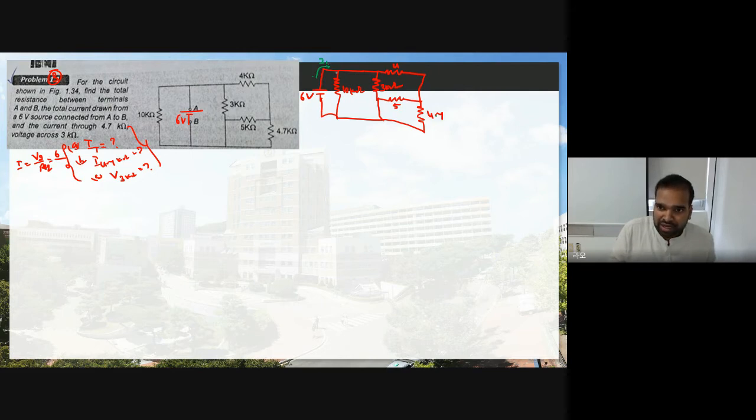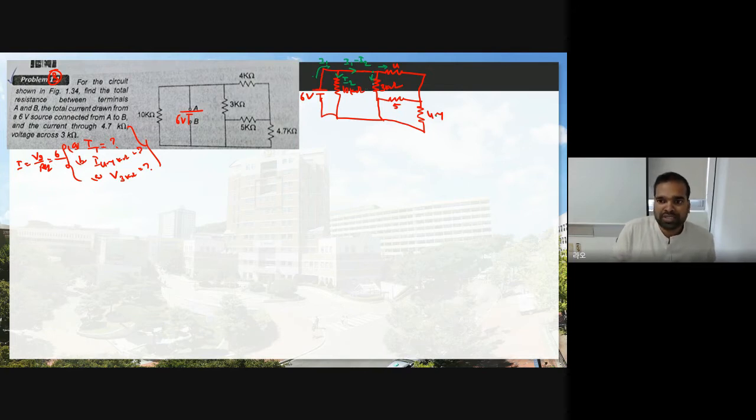Now of this I1, some of the current will go towards the 10 kilo ohm. Let us consider I2. So I1 is the total current, and in the total current, I2 is going here. Therefore, how much current is coming here? As per simple calculation, I1 minus I2 current is coming here. Now this I1 minus I2 current will once again split.